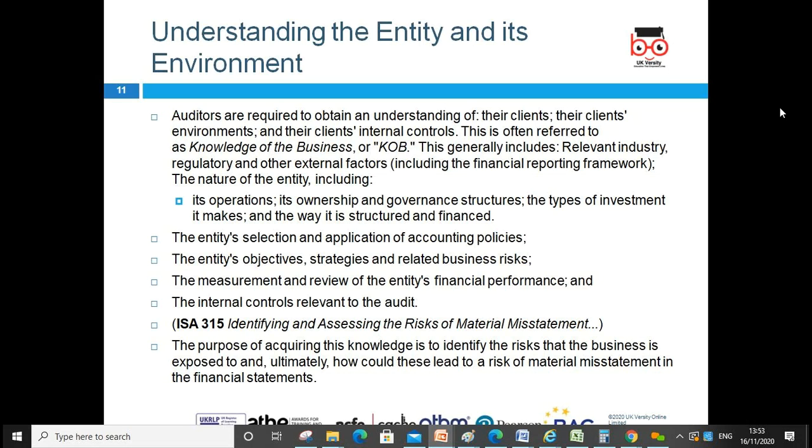International Standard on Auditing 315 covers identifying and assessing the risks of material misstatement. The purpose of acquiring this knowledge is to identify the risks the business is exposed to and how these could lead to the risk of material misstatement in the financial statements. Any question there? No, this is fine.